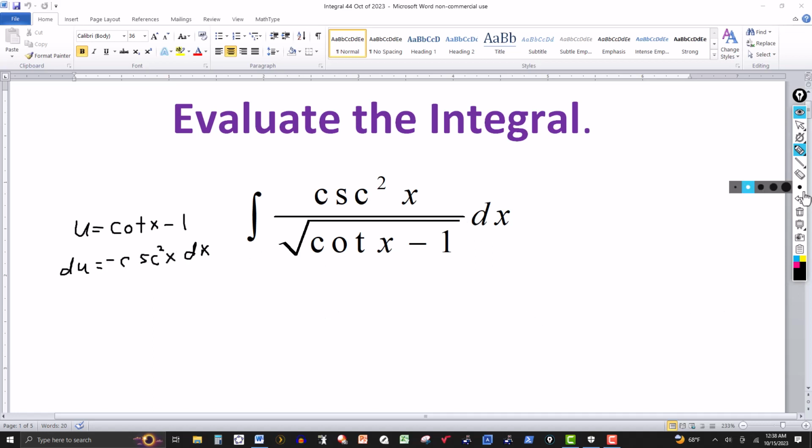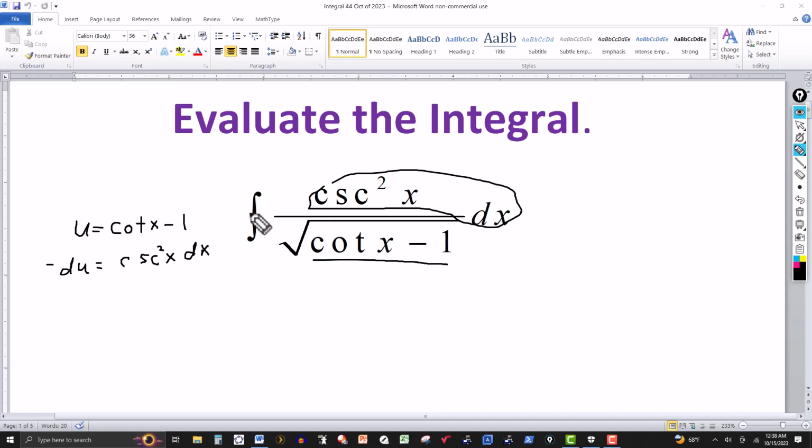So now, since I have a cosecant squared x dx in the numerator, this right here, I'll multiply both sides of this expression, the du part, by negative 1. That'll make the right side positive, put the negative over here, and of course the cotangent of x minus 1 under the radical, the radicand, that's going to be my u.